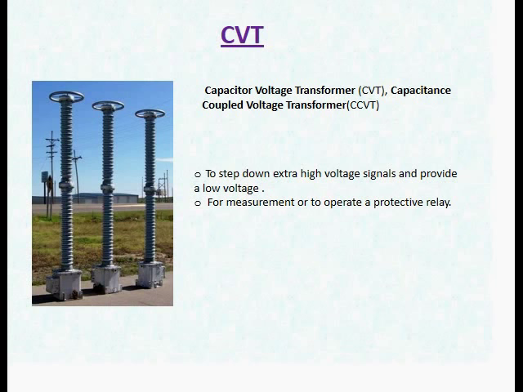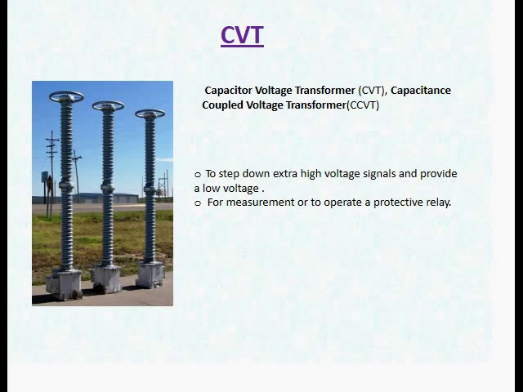In a CVT, two capacitors are used, and between the two capacitors there is a voltage drop, as we know, and from that voltage drop the primary voltage level is calculated. So instead of using the huge primary voltage level, we are using the voltage drop. So the whole equipment size is reduced.